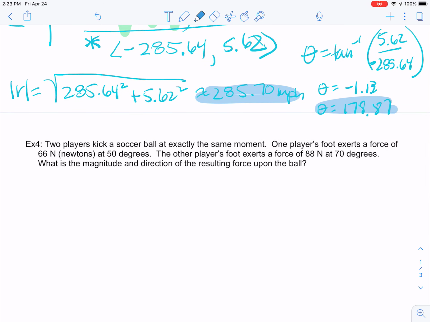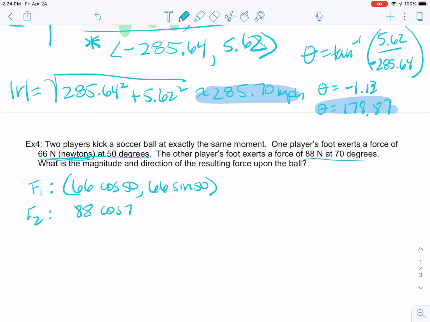Example 4, same thing. We're just going to set them up, add them, Pythagorean theorem, tan inverse, okay? So they hit at the same time, 66 newtons, that's another measure of force that you use in physics, at 50 degrees. So you just set it up, force 1, that's a physics notation, 66 cosine 50, and 66 sine 50, and then force 2 is going to be 88 cosine 70 and 88 sine 70.